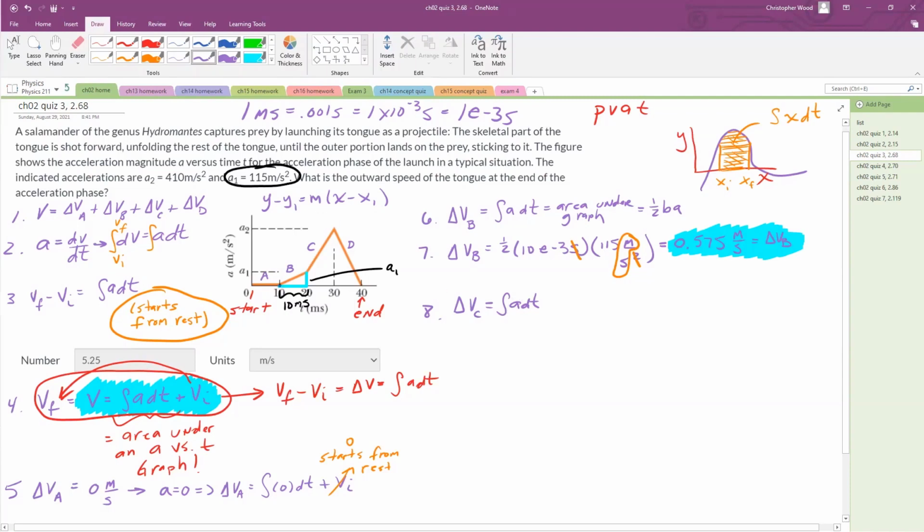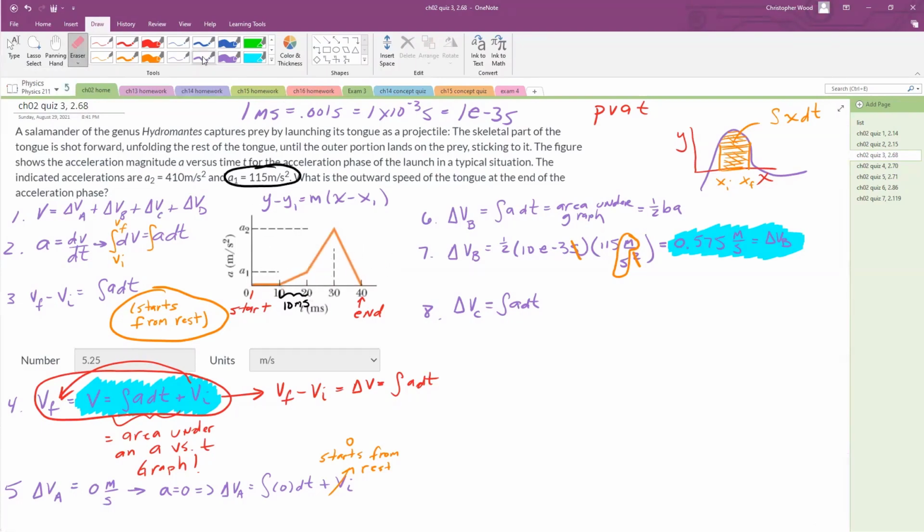You could figure out the equation of this line and then integrate. In fact, that's totally reasonable. It might require more time, but it would be totally fair. So now I'm looking at segment C.